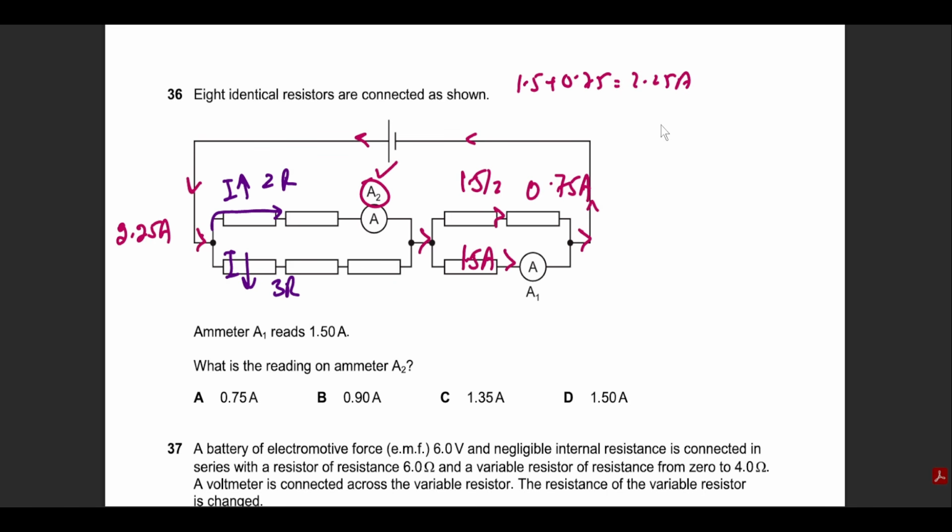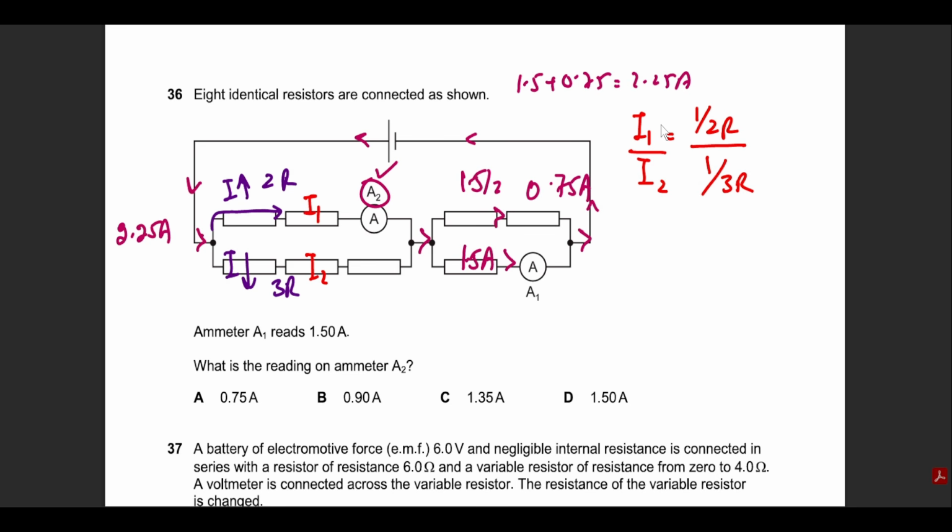Here, I'm going to use the current divider rule, using this simple idea that no matter what happens, since they have the same voltages across them, what should be the ratio of currents between them? See, let's call this I1, let's call this I2. So I1, since it's 2R, whatever the current is going to be proportional to 1 over 2R. In I2, whatever the current is going to be proportional to 1 over 3R.